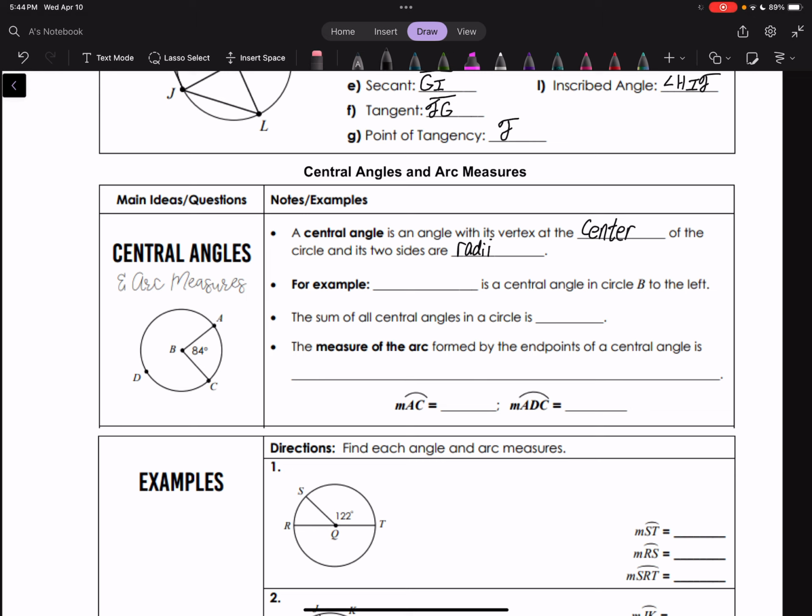If I look at the circle on the left, angle ABC is the central angle of the circle. Of course, you should know that the sum of every angle in a circle is going to end up being 360 degrees.